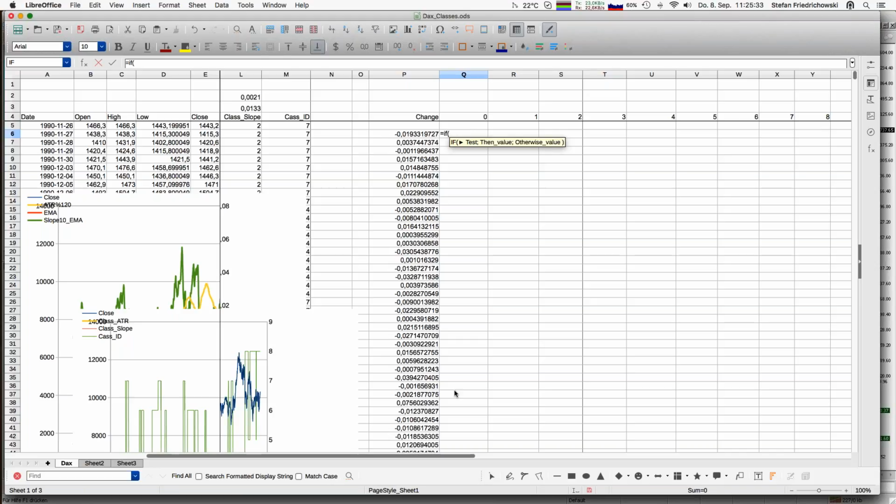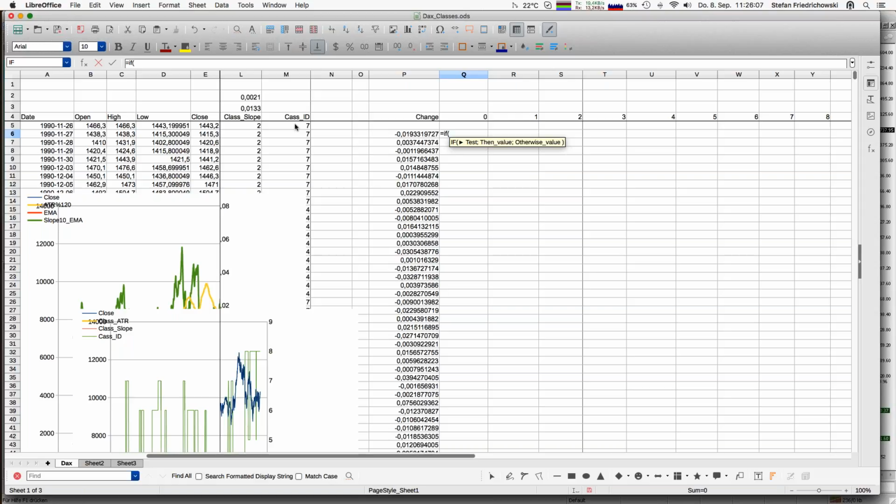The classes are now within each column. We have a number there, 0, 1, 2, and so on. And now we want per column the changes if they fall into the specific class. But we have to be careful: we cannot take the class identification number of today.